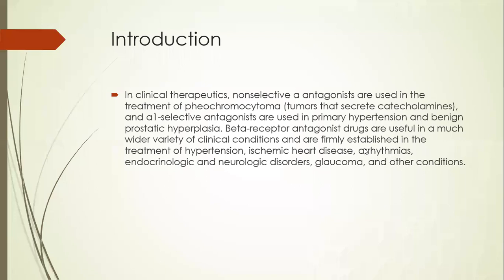Arrhythmias is the condition where there will be problems with the rhythm of the heart, not in a proper way. Endocrinologic and neurologic disorders are also being treated with these adrenergic antagonists.